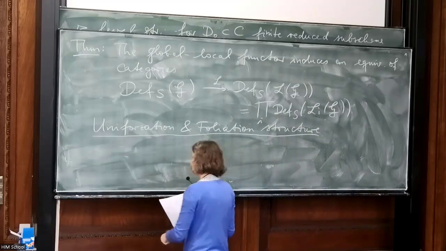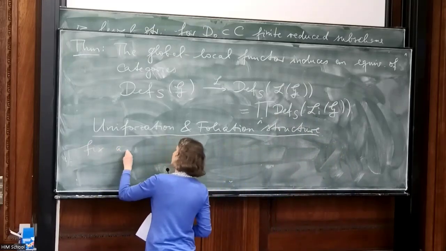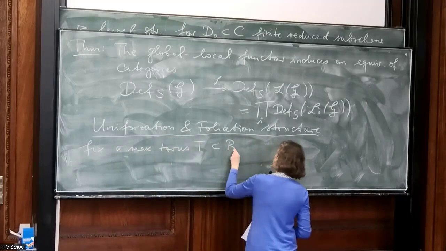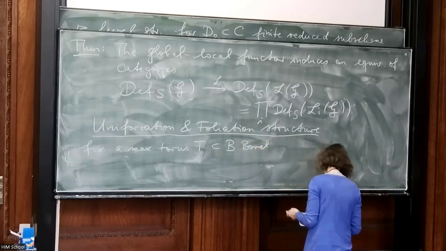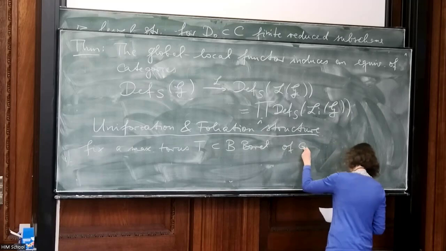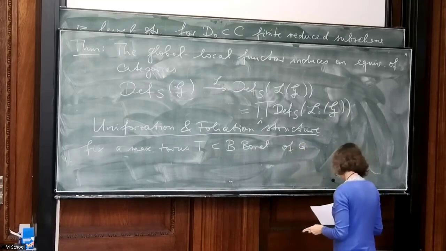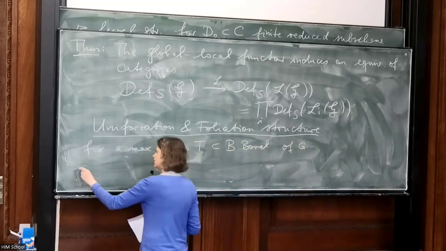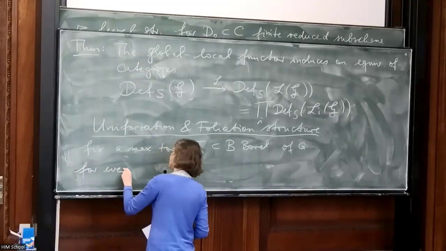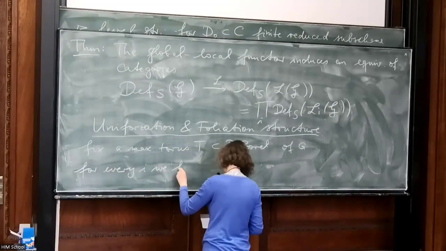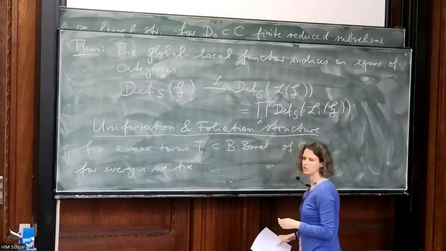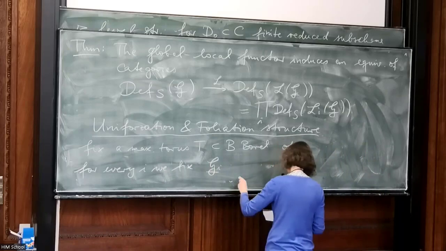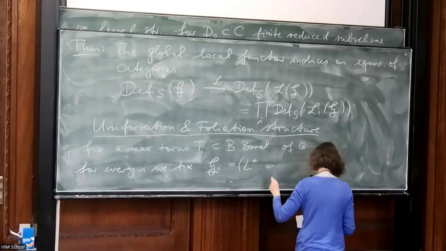And okay, so we need some more notation. We fix a maximal torus T and B, a Borel of G, and C_i's and mu_i's as over there. And then for every i, we fix a local G Shtuka, say G_i underline, and I assume that it's trivialized.